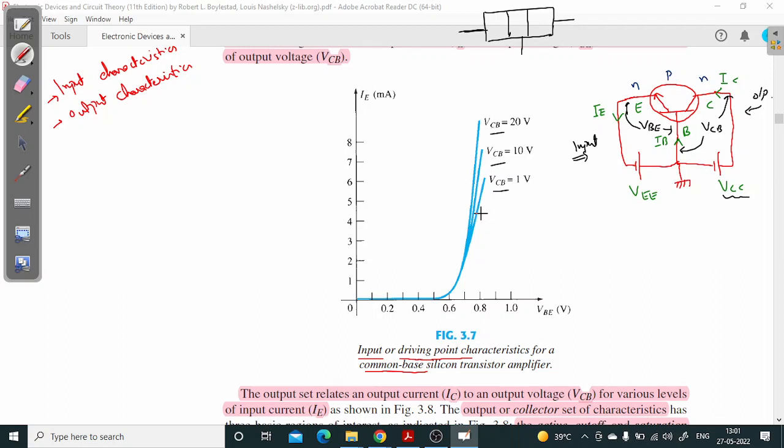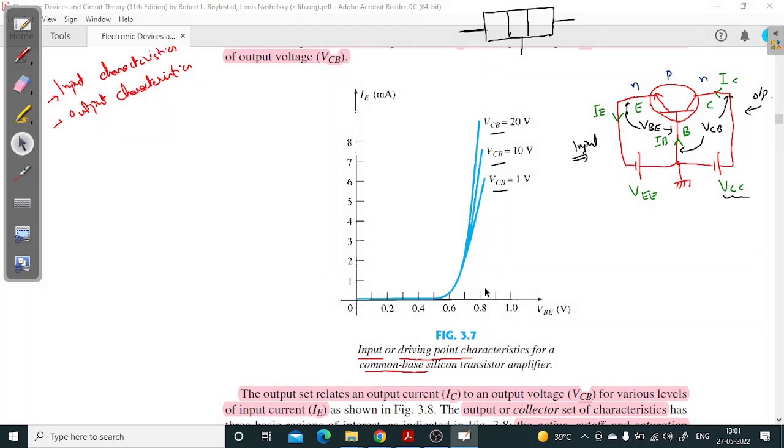So the input characteristic curve between IE and VBE will be similar to the curve for a forward biased diode, because this input PN junction is forward biased because of VEE.